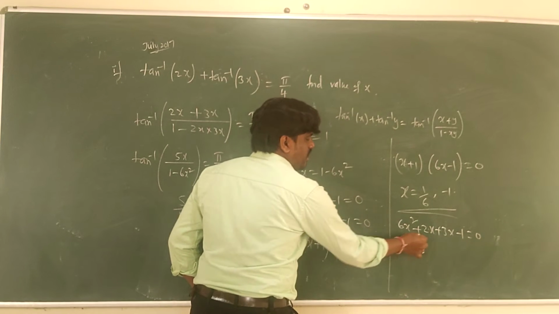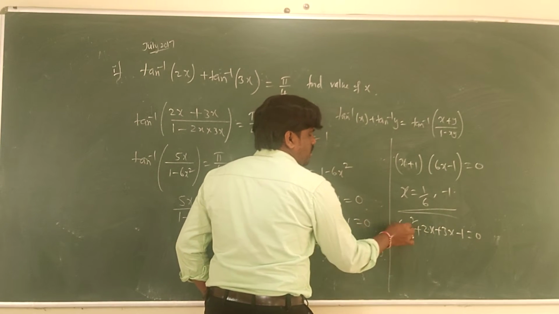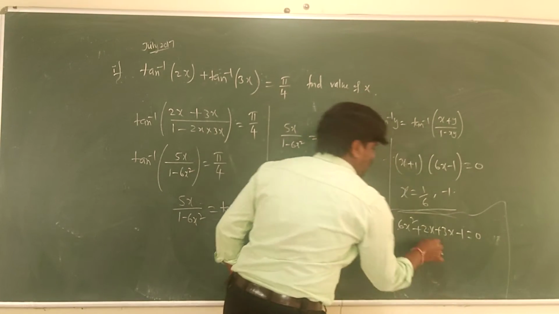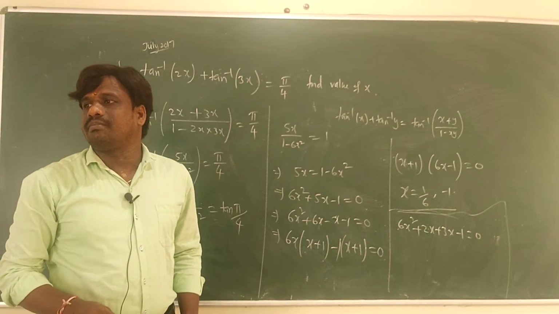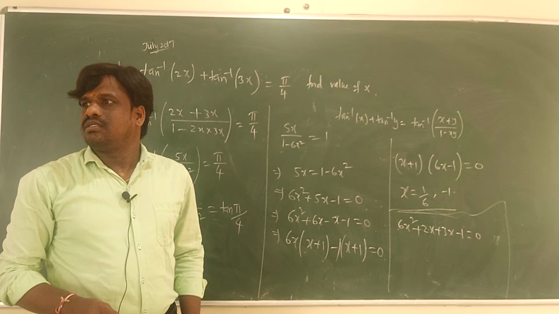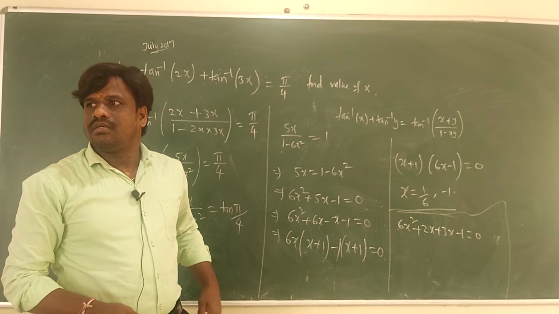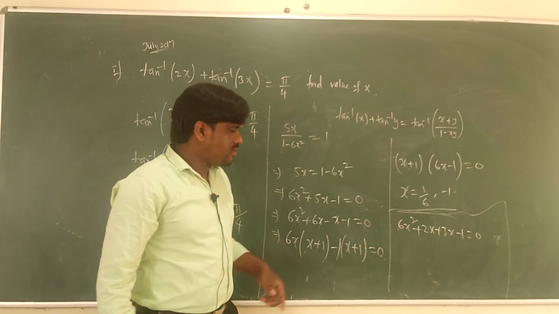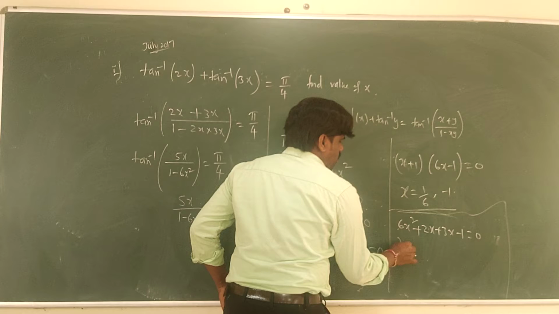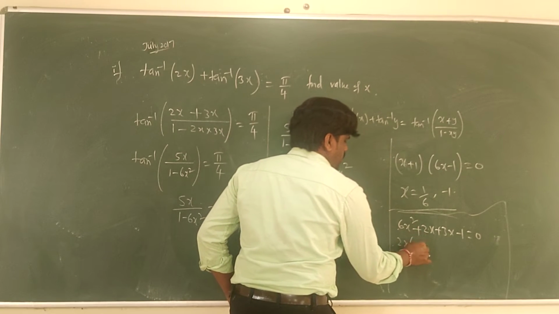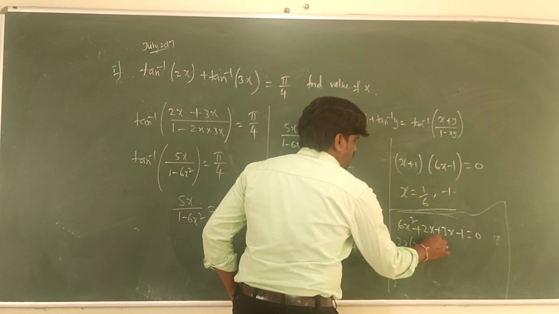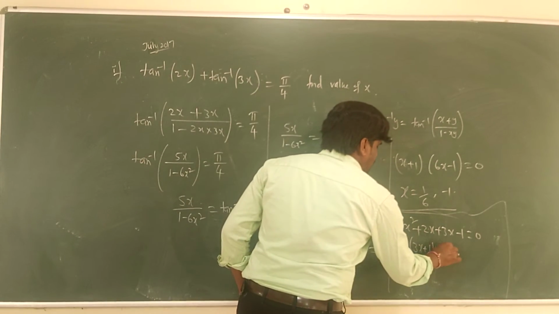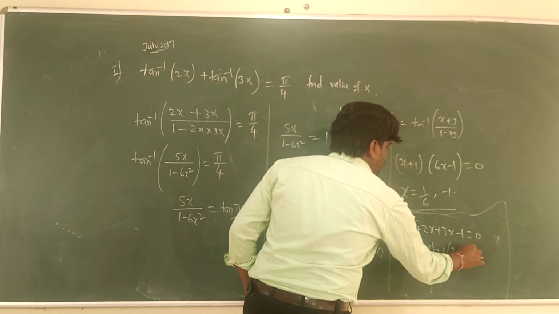Look at here, in 2x plus 3x, what is the common thing? 2 and x are common. 2x times 3x, then 1x left, and 1. Correct? Now plus, I can take 1 common, and I get 3x minus 1.